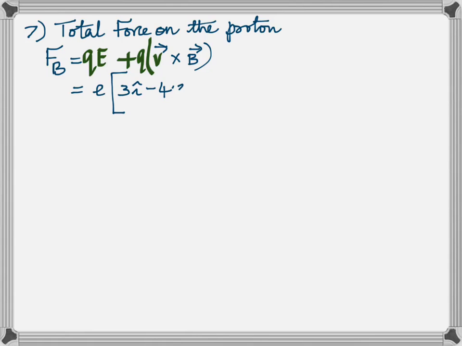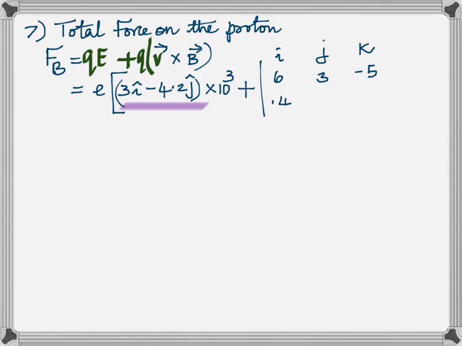In this case, I'm replacing Q by e because it's a proton. It has the same charge as the electron. So the first term is the electric field, and then you have V cross B done as before.